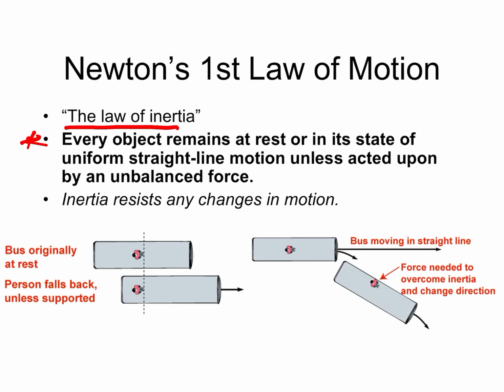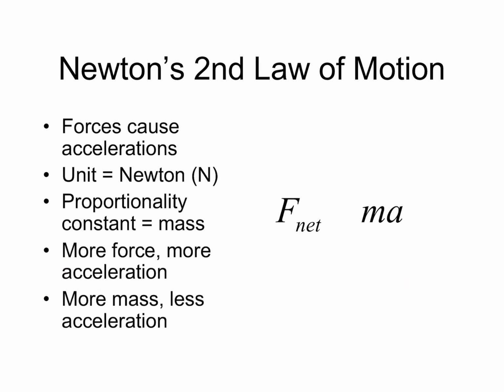Just like if you're in the car with a seatbelt on and someone slams on the brakes, you're going to go forward, right? Because your body wants to keep going. So every object stays at rest or stays in motion unless acted upon by an unbalanced force, which is also the law of inertia. All right, the second law, this should have an equal sign right there. This is the one that's the hardest for people to memorize.